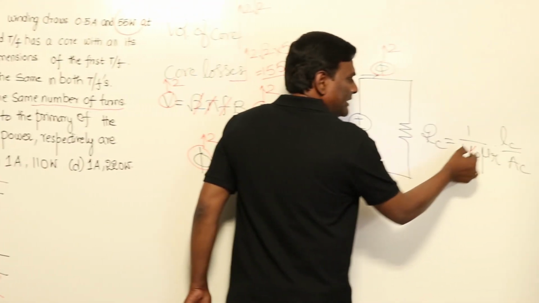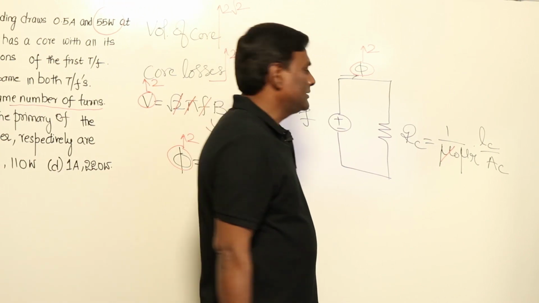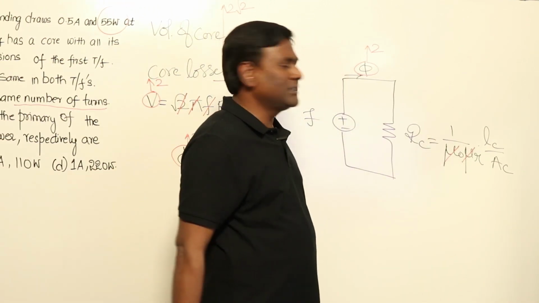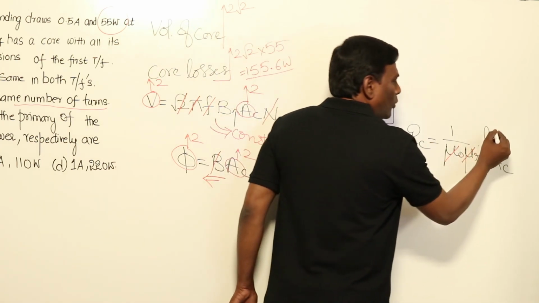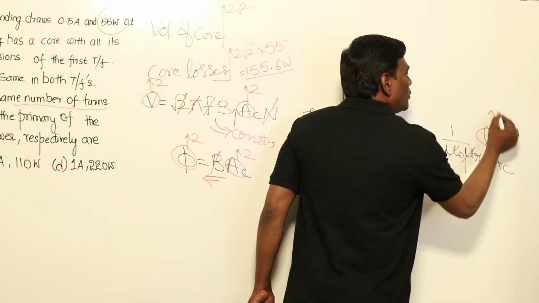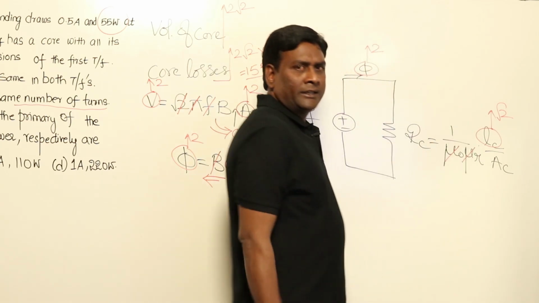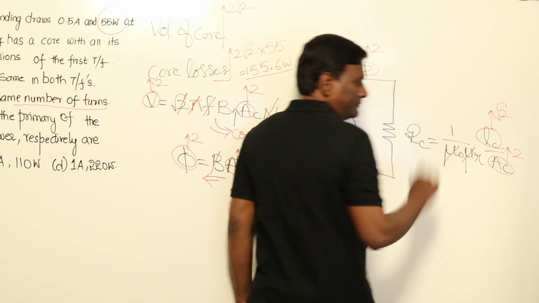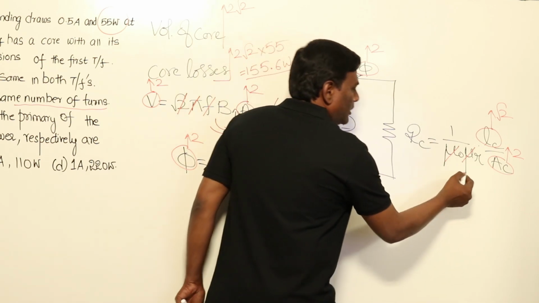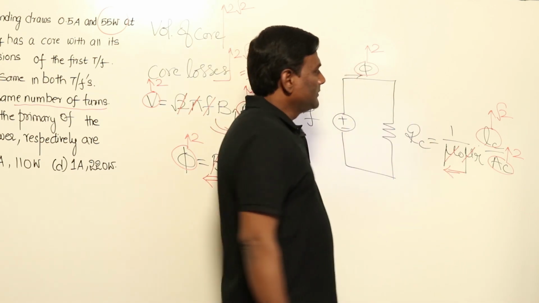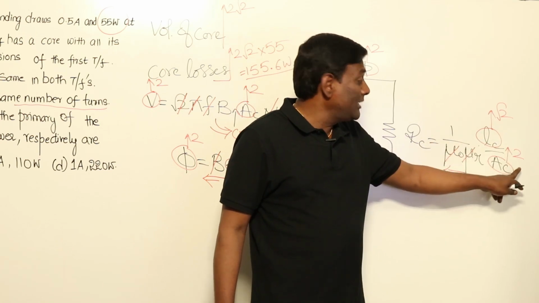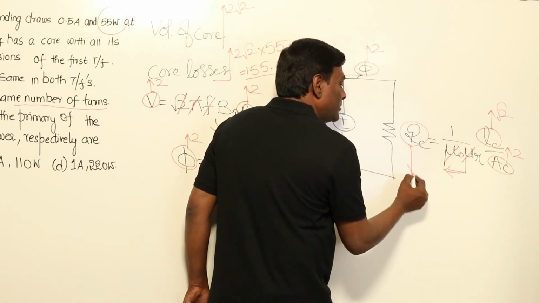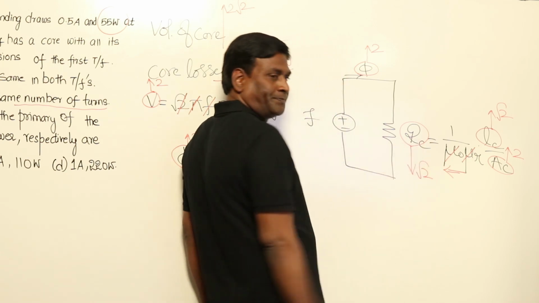Mu naught is a universal constant, and relative permeability is constant because the same type of material is used. Length of the core is increased by root 2 times. Area of cross section of the core is increased by 2 times. So if you think of the reluctance of the core, the numerator is increased by root 2 times and the denominator is increased by 2 times, so the reluctance of the core should be reduced by root 2 times.